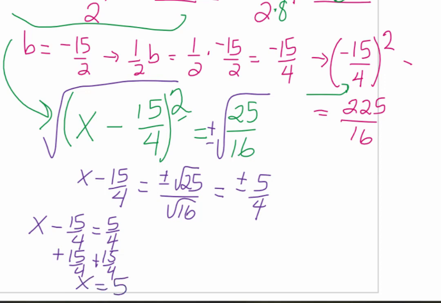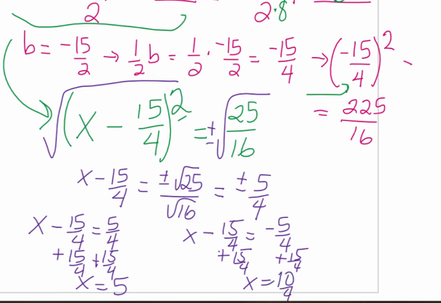And then over here I get x minus 15 fourths equals negative 5 fourths. Add 15 fourths to the negative 5 fourths. Now I get x equals 10 fourths, which reduces to 5 halves. So my two answers are 5 and 5 halves.